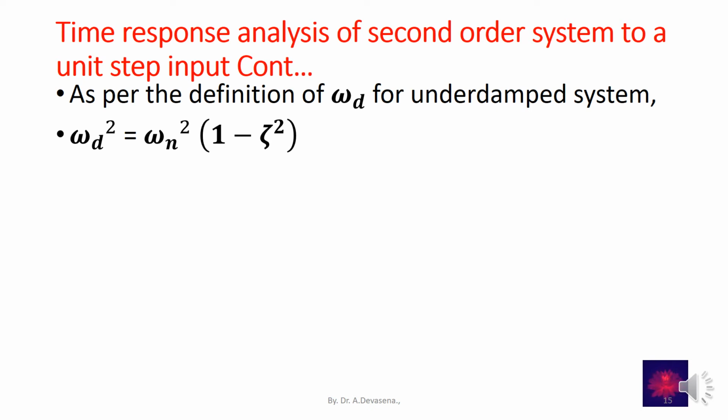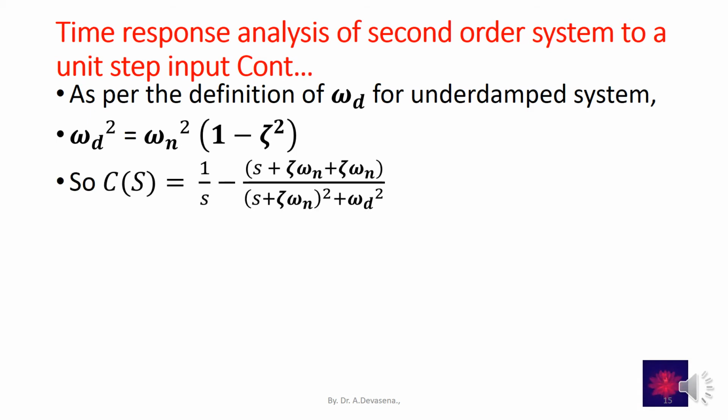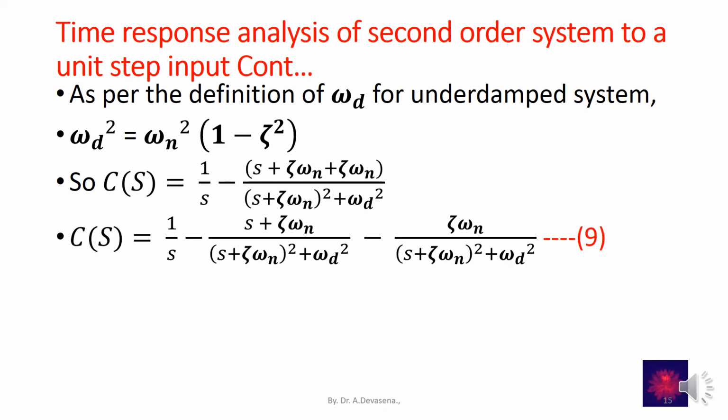So we have taken the square of ωd, that is ωd² is equal to ωn²(1 minus ζ²). So C(s) is equal to 1/s minus (s + ζωn + ζωn) the whole divided by (s + ζωn)² + ωd². That is C(s) is equal to 1/s minus (s + ζωn) divided by ((s + ζωn)² + ωd²) minus ζωn divided by ((s + ζωn)² + ωd²).